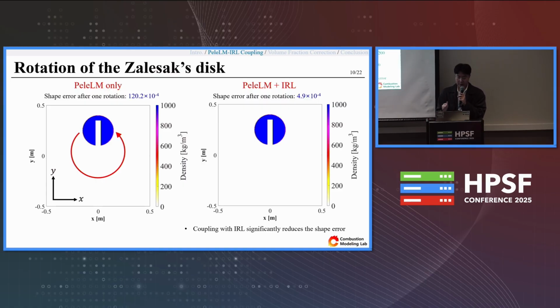Similar to the previous simulation, using a prescribed velocity field, the Zalesak disk rotates in the counterclockwise direction and finally returns to the original shape. After one rotation using PeleLM only, the sharp corners become rounded, and the interface of the Zalesak disk becomes blurred, which means the density is around 500.